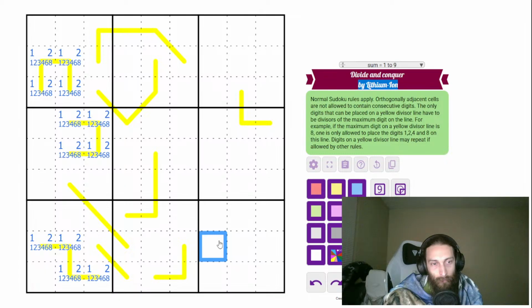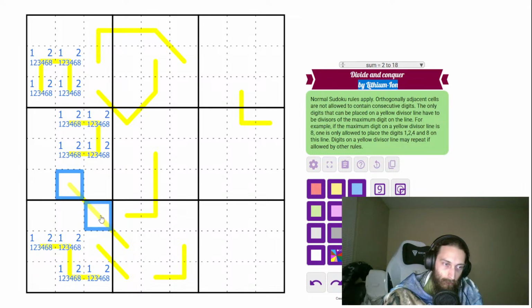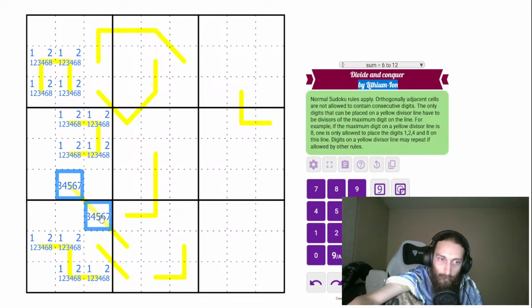But the little 3, the 3 one above it, the top 2 on the left cannot be 1 or 2, although the bottom one can. But that means it can't use 7, or 5.